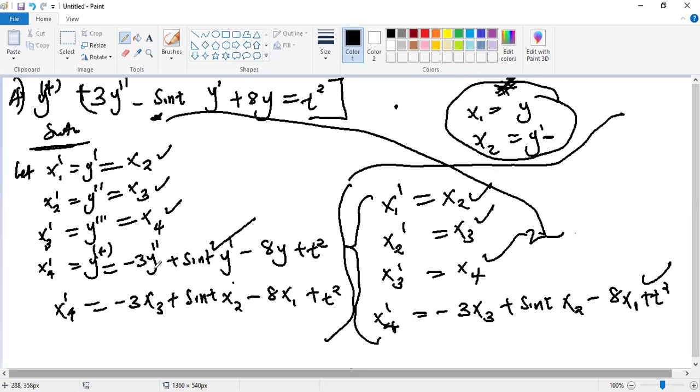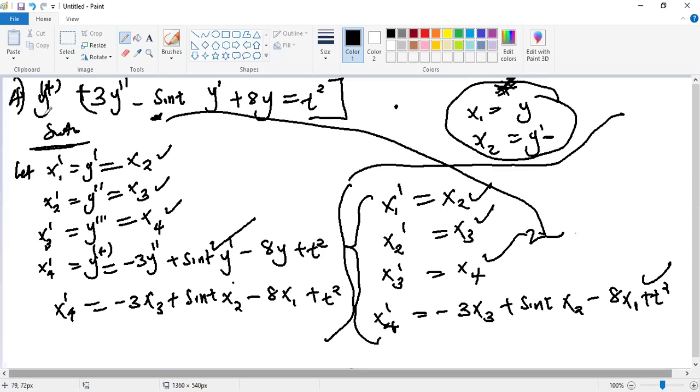Now, we know what our y double prime is. Our y double prime is x3. Our y prime is x2, we replace there, and our y is x1, we replace. The t squared is just standing there on its own, so we are not replacing it in any way.